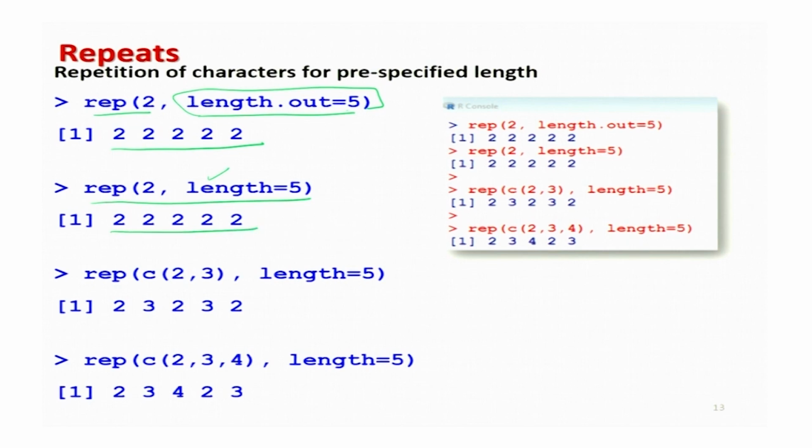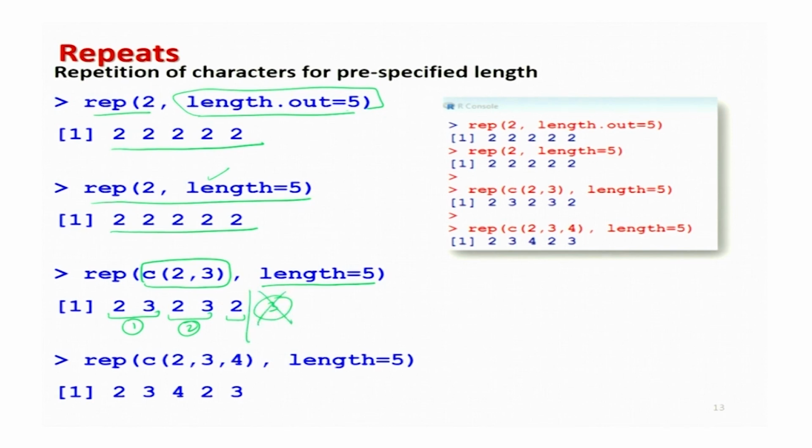But if you take a data vector, then see what happens. If you take a data vector of 2 values, 2 and 3, and give the option length equal to 5, that means you need only 5 values. So 2 3 will start repeating, 1 time there are 2 values, 2 times there are 2 values. Now there is space only for 1 value. Ideally it should be 3, but this 3 will not come here, and the process will stop at 2.